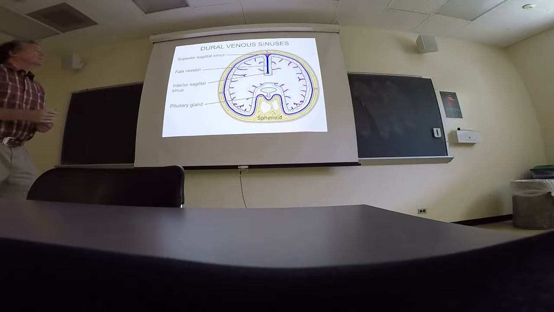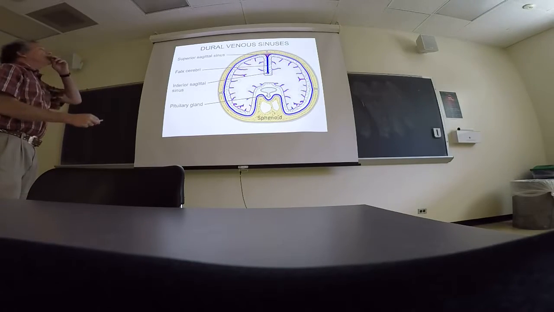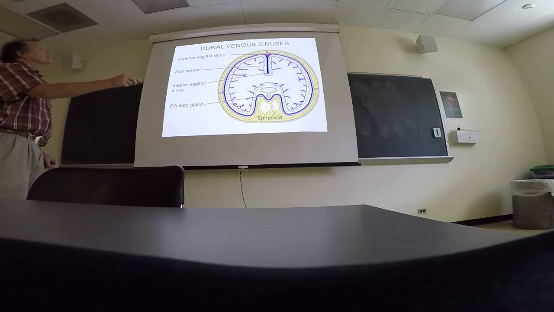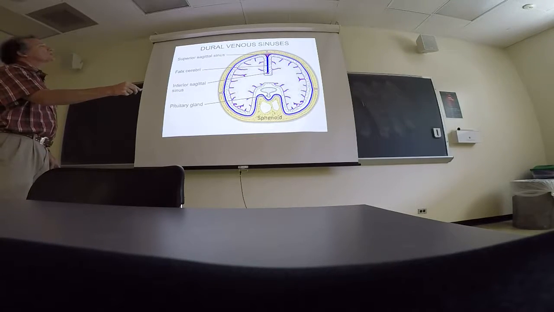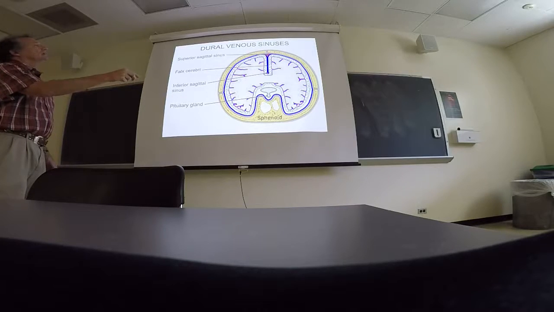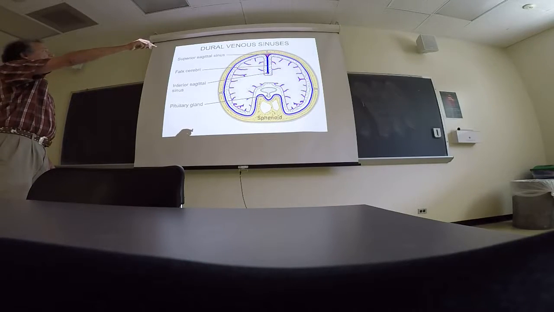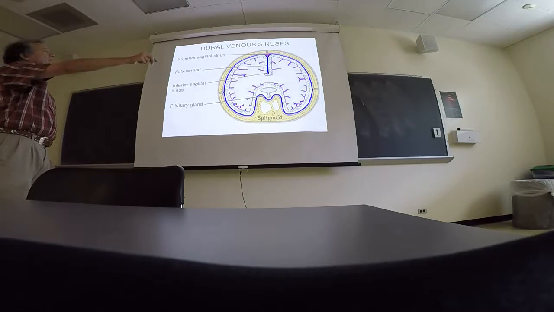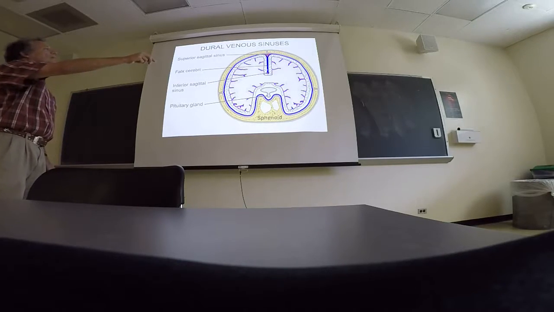However, if we made a section a little bit further up front, we would see the falx cerebri extending down through about the upper two-thirds of the right and left hemispheres, and there's a little inferior sagittal sinus there that I showed you earlier.